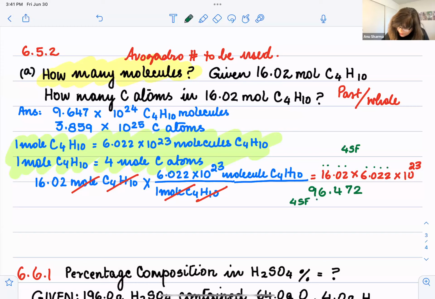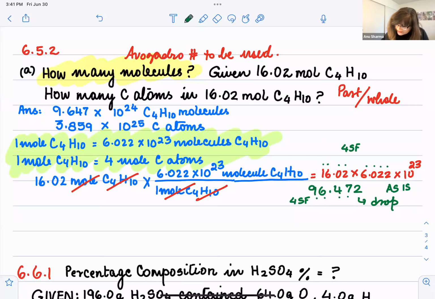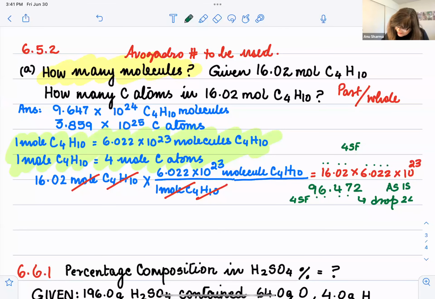So we are going to keep 1, 2, 3, 4, and we can drop the 2. The 2 is less than 5, so the 7 remains as is.